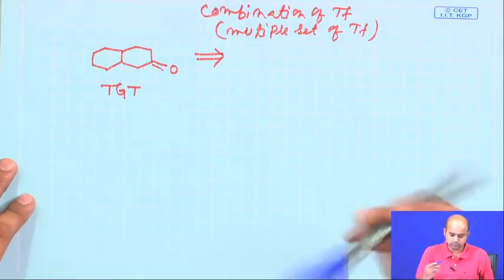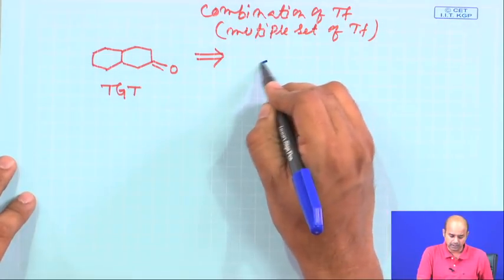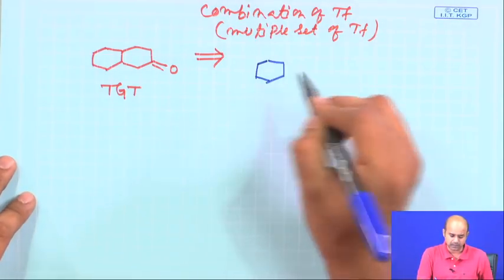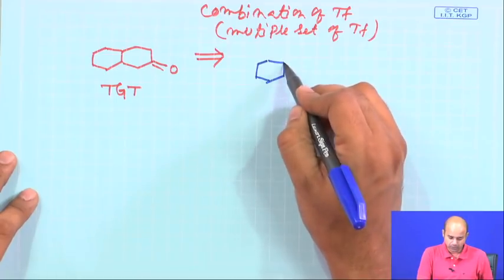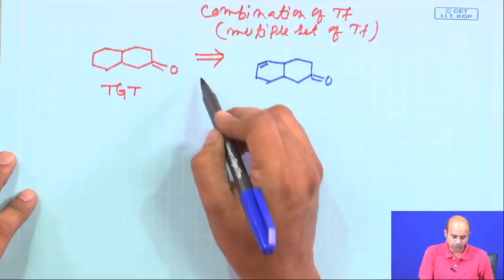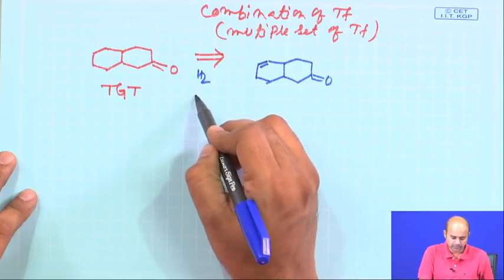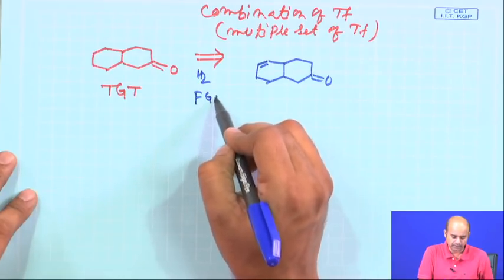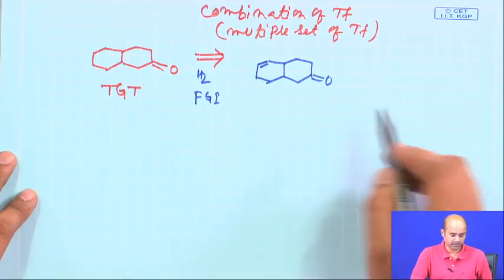Now, if you remember the earlier introductory session's quiz answer, we devised a retro for this molecule something like this. We said we will be doing a hydrogenation here, which is basically a simple functional group interconversion, if you have this starting material.